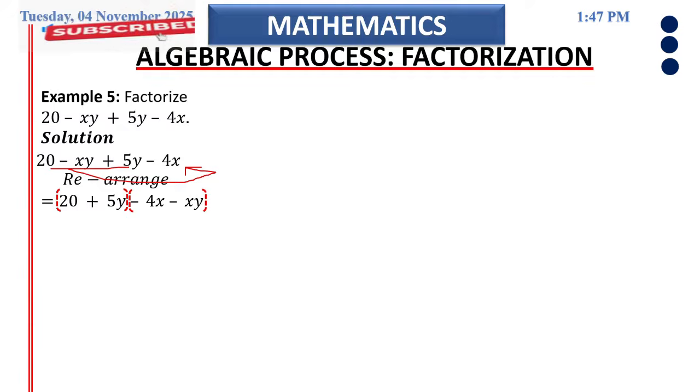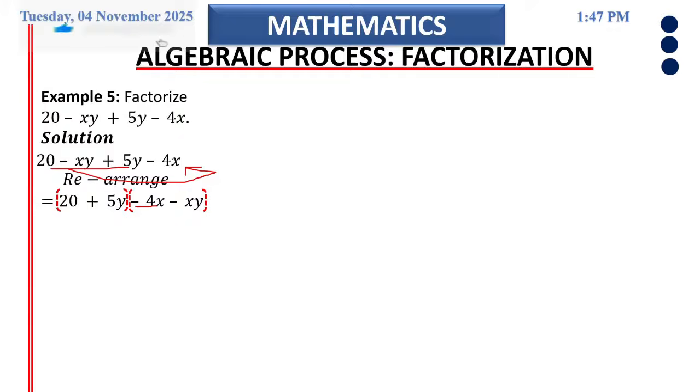The essence of it being there is to regroup, to help you realize how you are meant to solve it, because if you don't group it that way, you won't be able to properly factorize. So you can see, I keep this negative with the 4x because it belongs to it. When you are factorizing, you have to consider that.